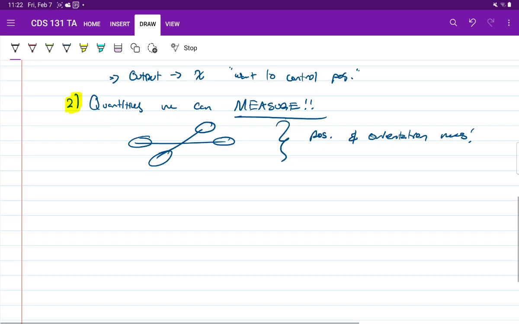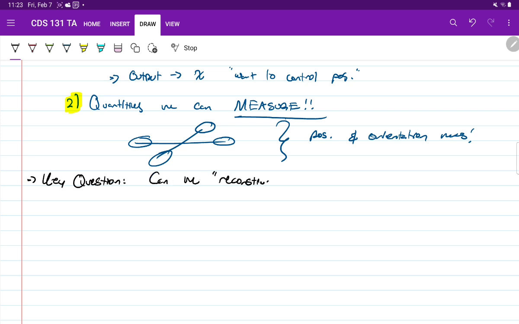So a really important key question in control is: can we reconstruct our full state vector from partial measurements or partial observations?